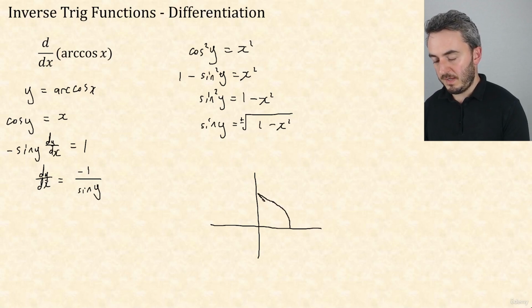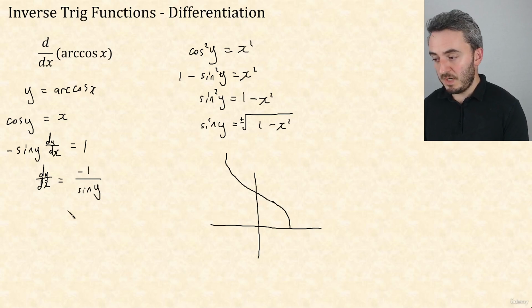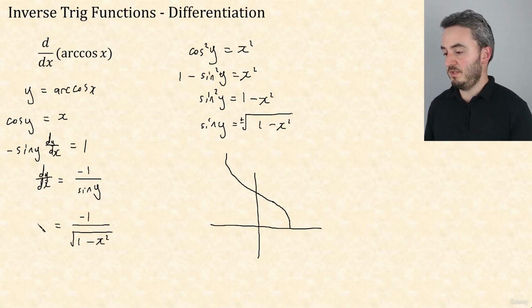It's again a reflected cos graph on a particular interval. We can see that the derivative of that is always negative. We've already got a minus 1 here, so we actually just want minus 1 over something positive, so root 1 minus x squared. That guarantees the derivative is always negative.